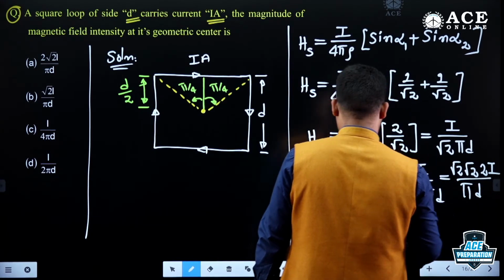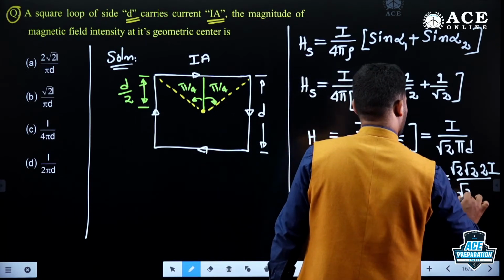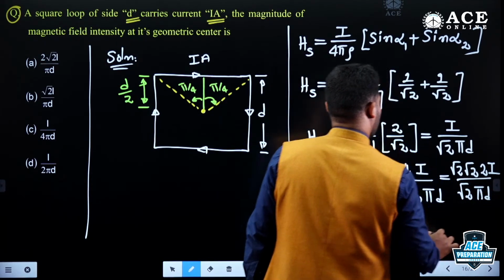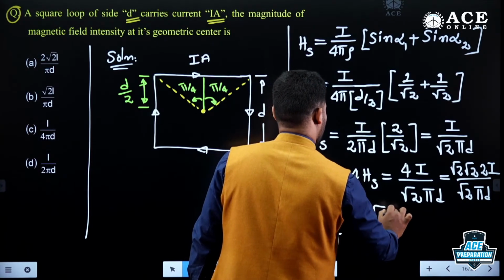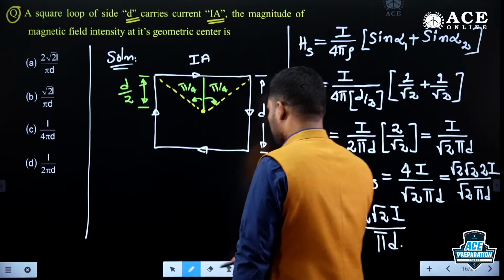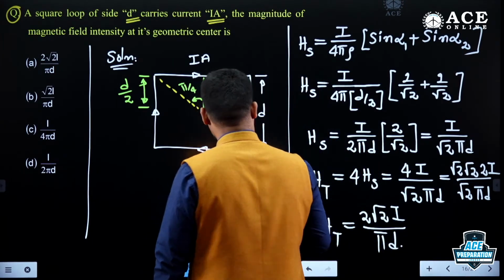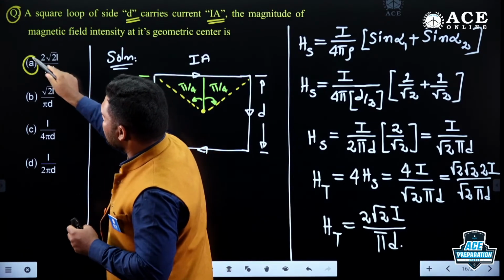Isn't it? Divided by root 2 into pi d. So here it is 2 root 2 I by pi d. So this is a regular procedure. You need to go section by section. 2 root 2 I by pi d. Option A is the answer.